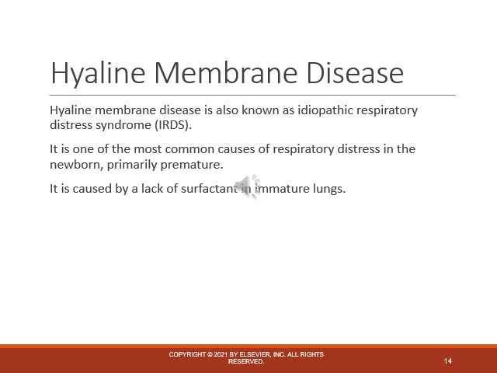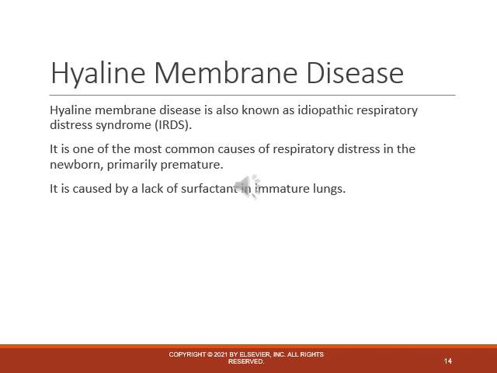And surfactant is the material or the fluid between the parietal and the visceral pleura in the chest that basically provides tension between the lungs and the thoracic wall to maintain an open lung airway.